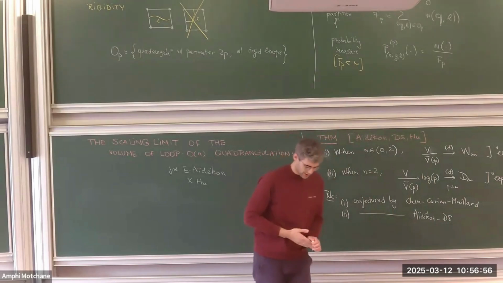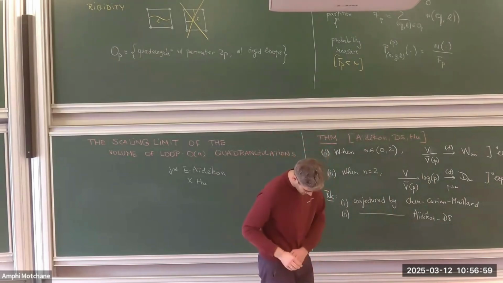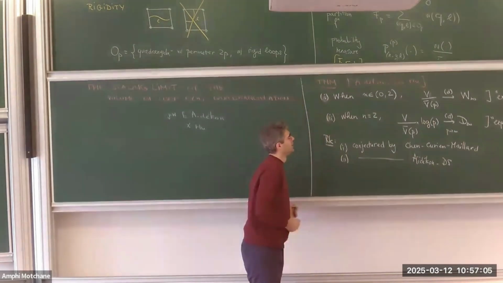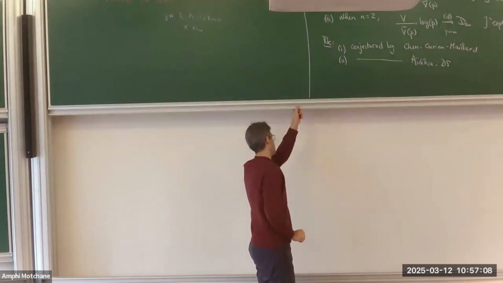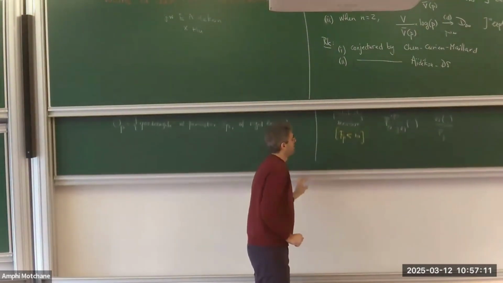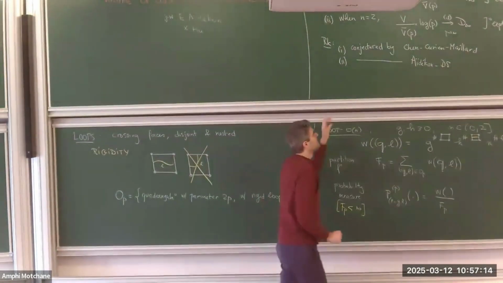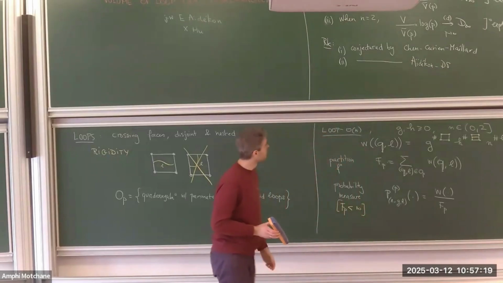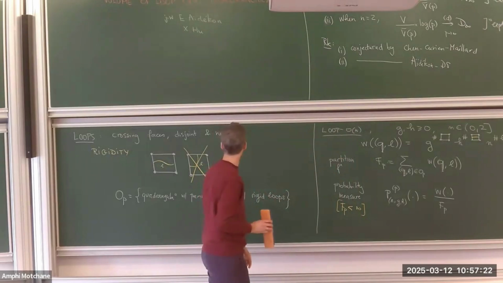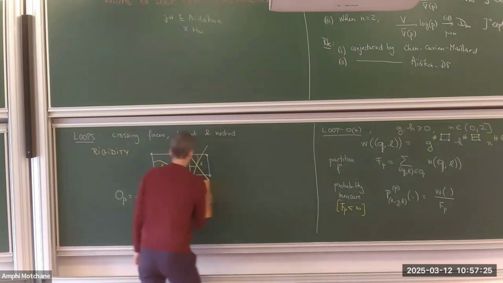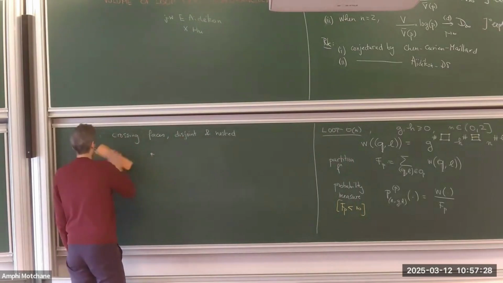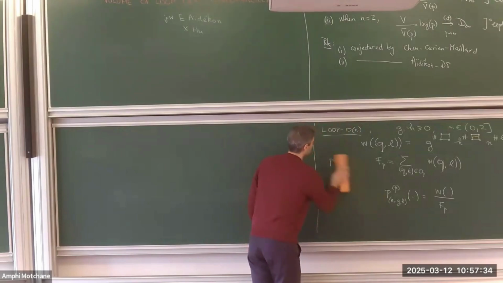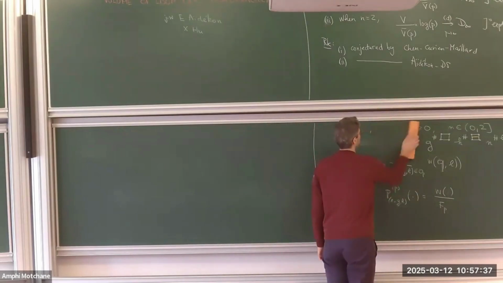So this theorem is answering these conjectures. I'll try and spend a bit of time describing, maybe not the proof itself, but I want to try and convince you that the nature of this result is just branching processes, which is not clear from what I said. So in order to say anything about this, I need to describe this work of Chen, Curien and Maillard, which is the reason why they came up with this conjecture.